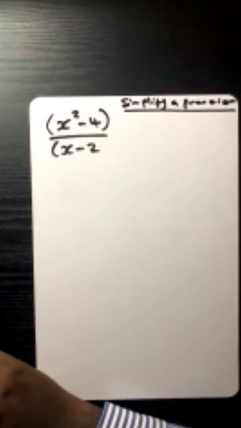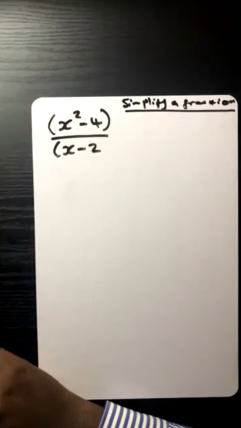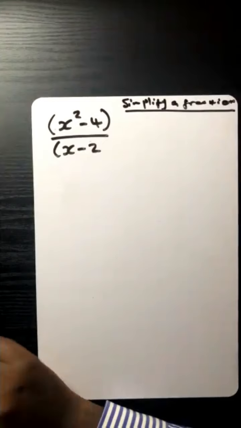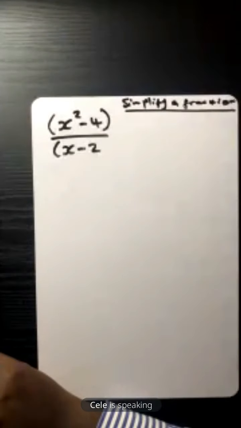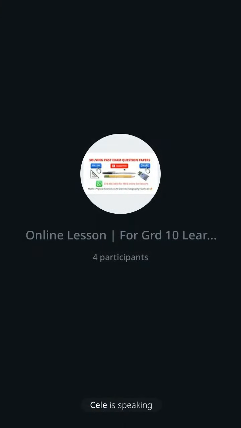Shreyas. Yes, sir. Wait, I want to check which question I ask. A fraction, an expression. Cele, how do you notice a fraction? Yes. It has to be like a certain number over a certain number.